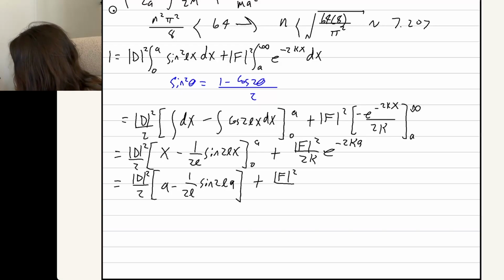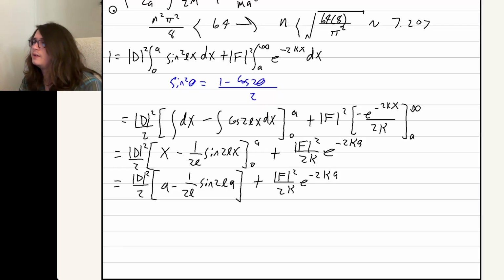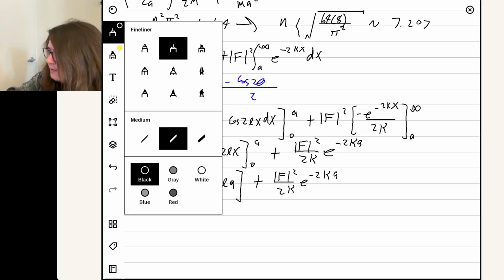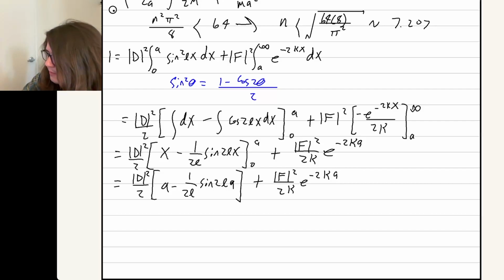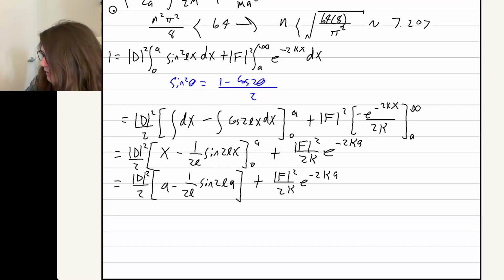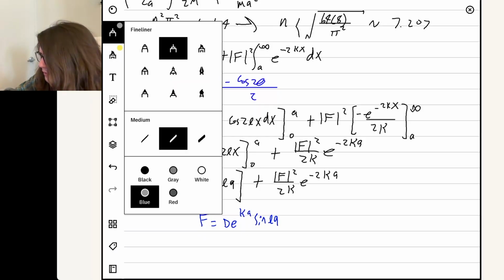A thing from problem 29 which we haven't used yet was the result of the boundary condition that the wave function is continuous at x equals a. I'm going to write it in blue: that turned out to be f equals d e to the kappa a sine la. So we're going to use that.